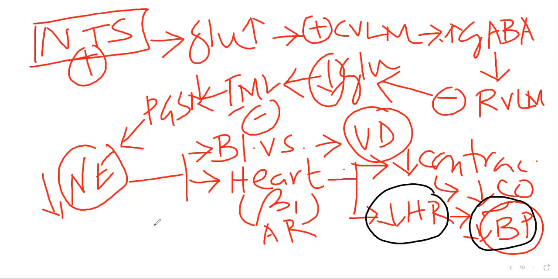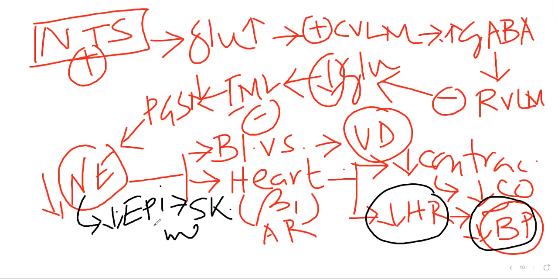Second thing is that if there is less norepinephrine, there will be less conversion of norepinephrine to epinephrine, so epinephrine concentration will be reduced. This epinephrine normally works on the skeletal muscle blood vessels, which will be dilated.